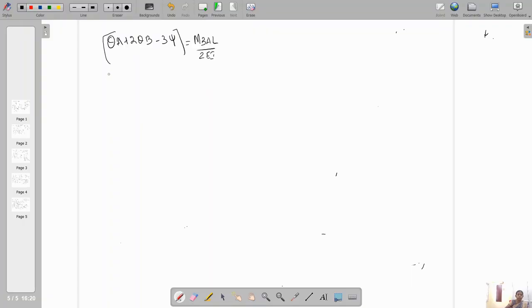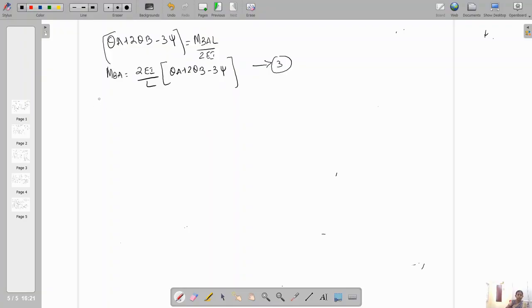So our final equation: MBA equal to 2EI by L into theta A plus 2 theta B minus 3 psi. Okay, this is equation number 3.